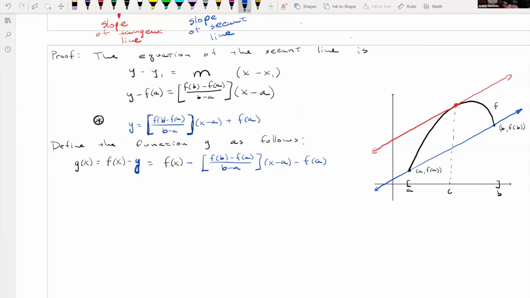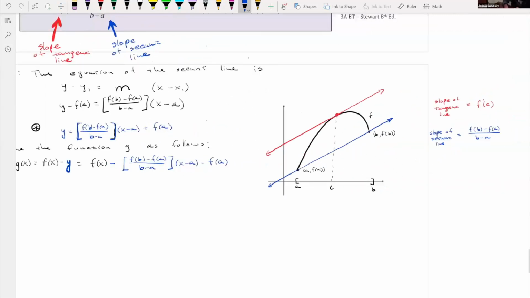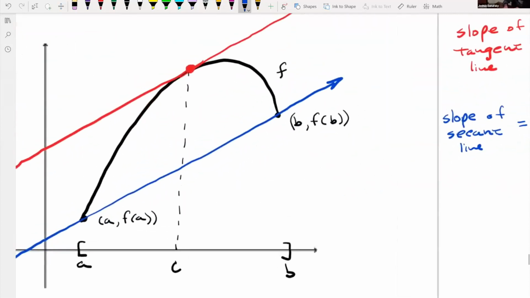Y is blue. Okay, so Hansel's asking which part is g of x. g of x is a function that is not drawn on our graph. It is the function you get if you take f of x and subtract the blue function from it. In other words, at each point, watch, I'm going to just draw and then erase this.